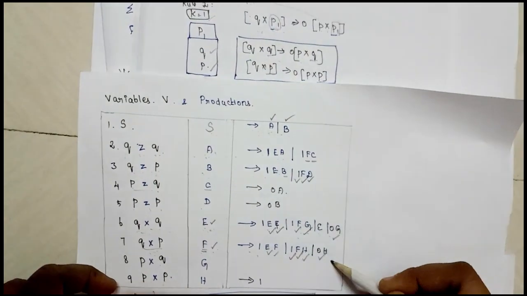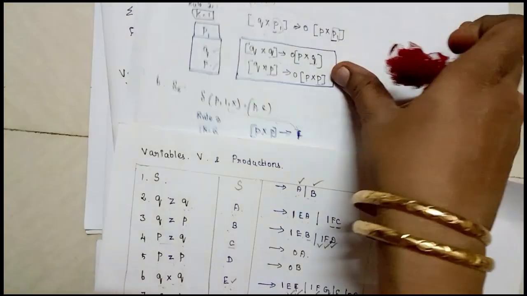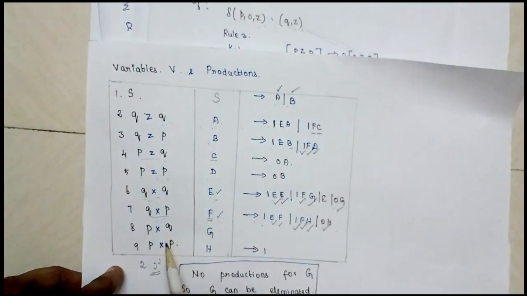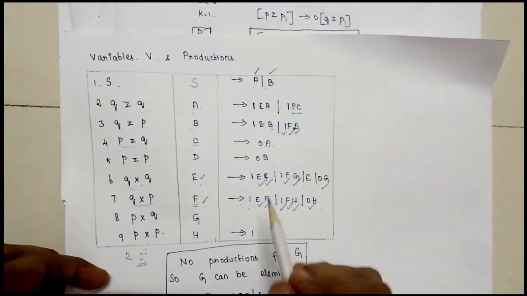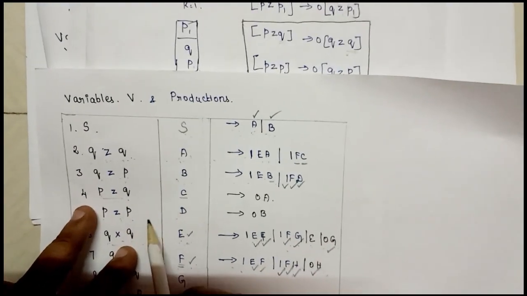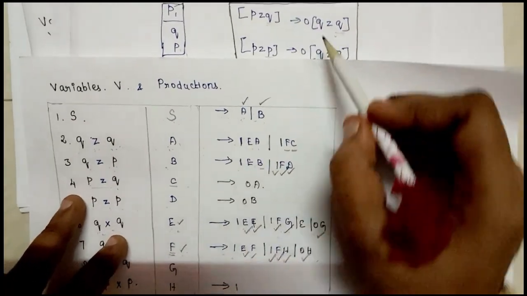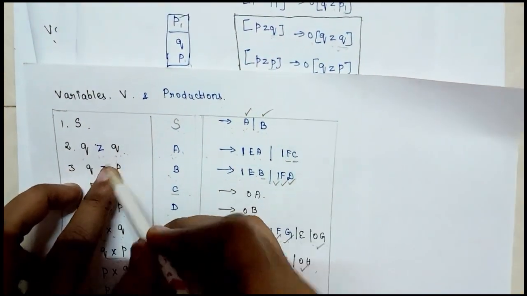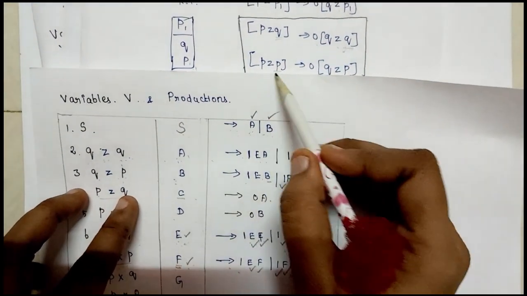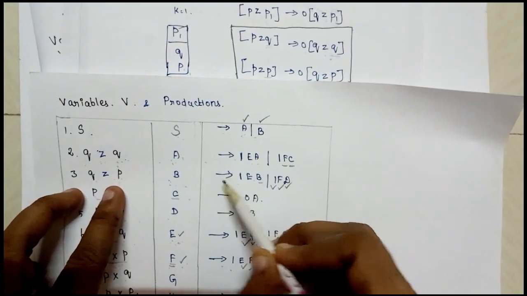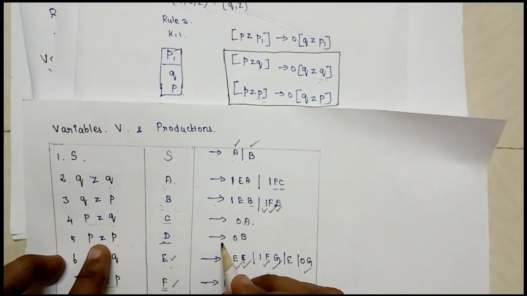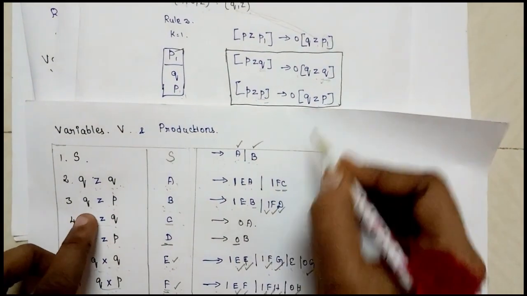So these two are done. For the last ones, PXP is H, H produces 1. And for PZQ and PZP, that means C and D: C produces 0 and QZQ, which is A. Similarly, PZP, that means D. D produces 0 and QZP, which is B.